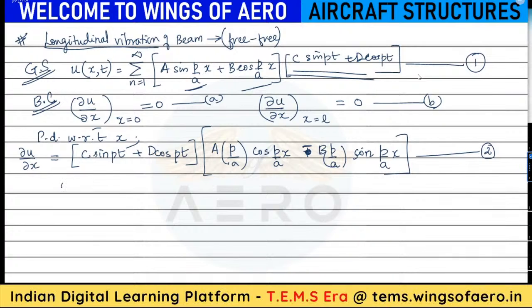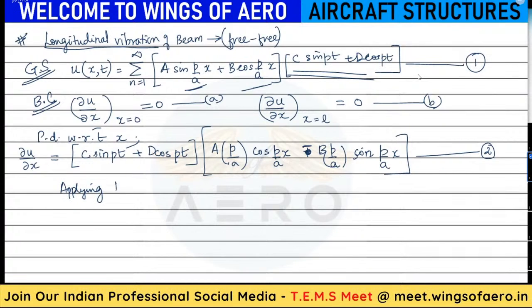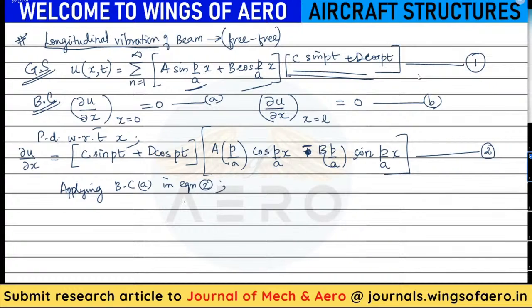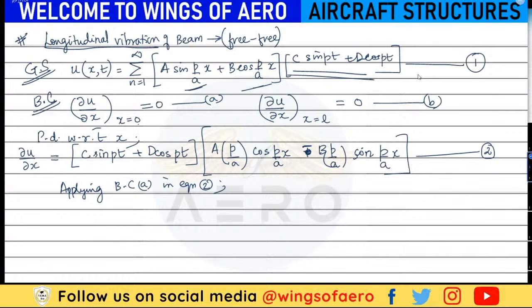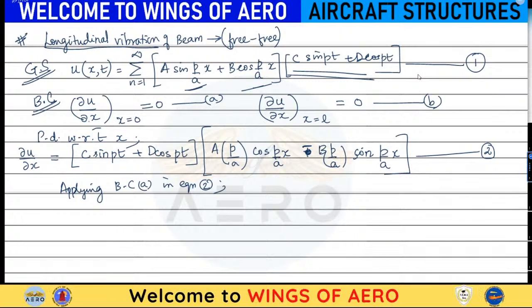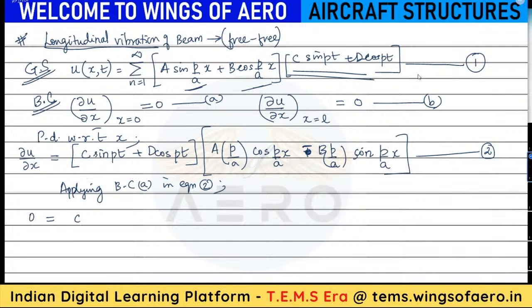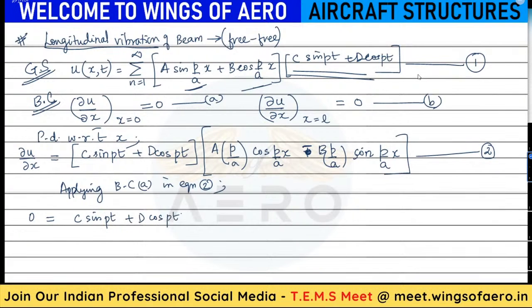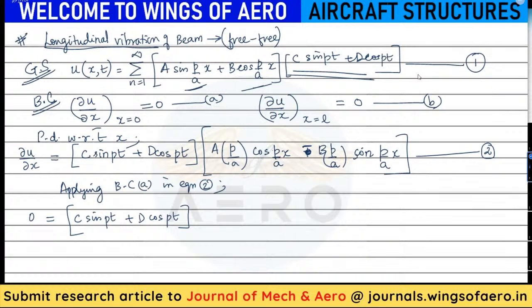Now we are going to apply the boundary conditions one by one. First we apply boundary condition A in equation 2. When x tends to 0, du by dx also becomes 0. So I can write 0 equals c sine pt plus d cos pt, and here we don't have any x term, so it stays as it is.